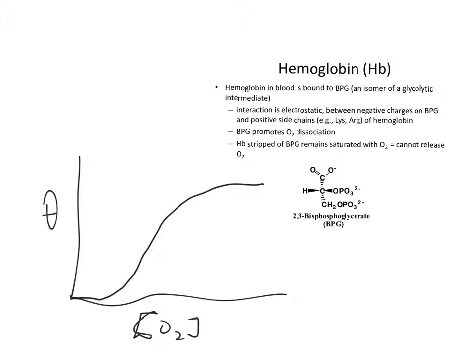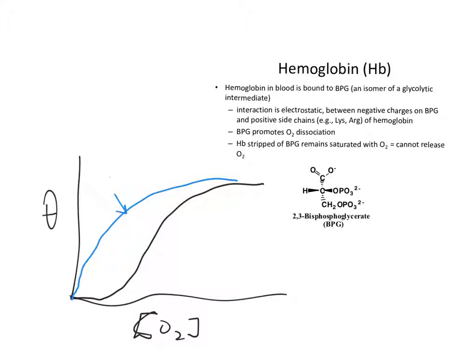So if you do not have BPG, is it going to shift to the left or shift to the right? It's going to shift to the left and make it more hyperbolic.